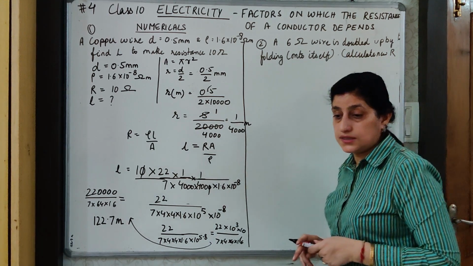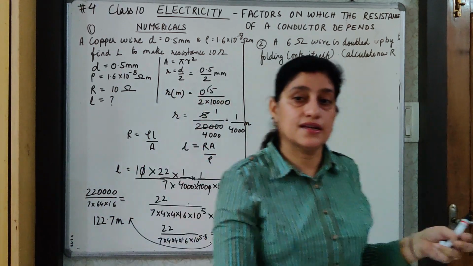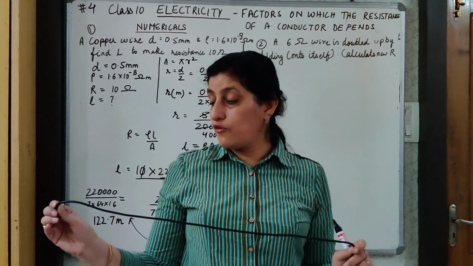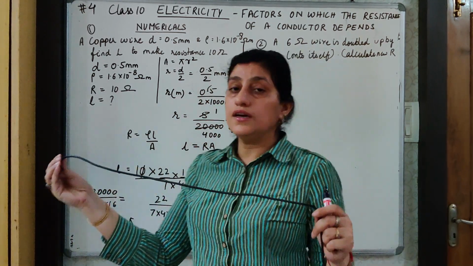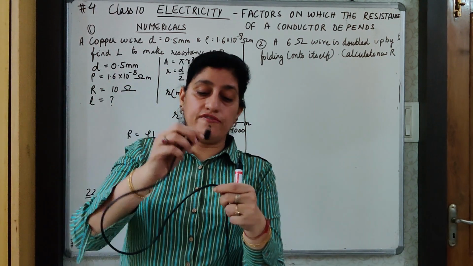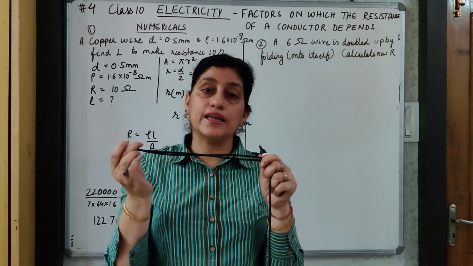Now when we fold the wire, suppose this is the wire I have of a given length, which is not given to me, and it is saying that the wire is doubled by folding. If I double this wire by folding, what is going to happen to the length?